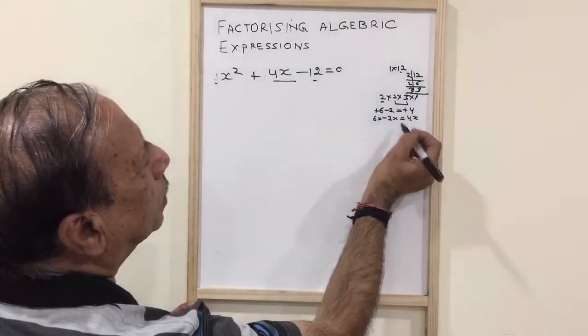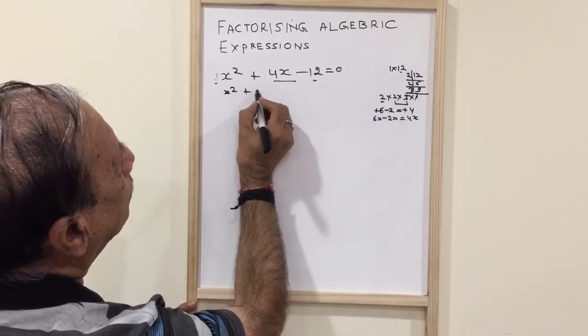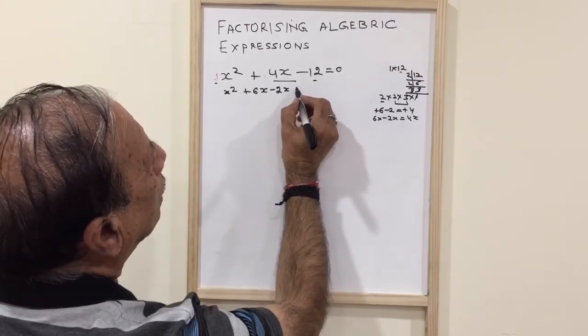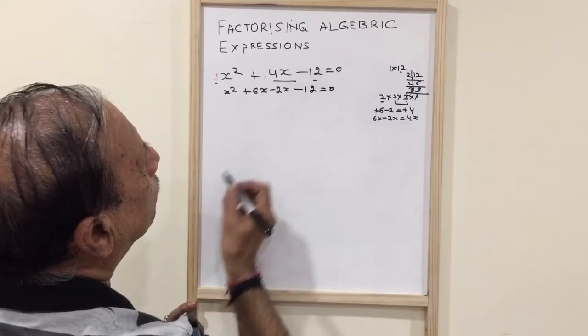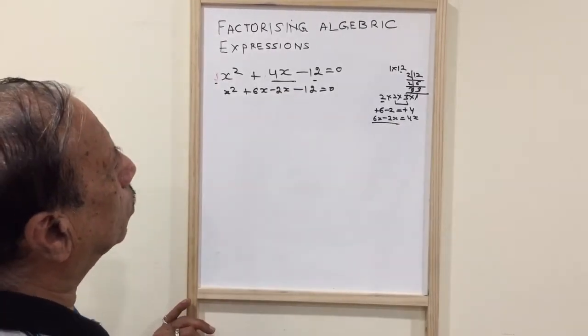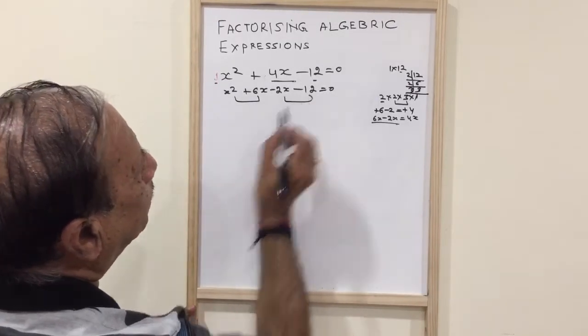So we will substitute the value over here like this: x square plus 6x minus 2x minus 12 is equal to 0. So we substitute 4x with 6x minus 2x. Now from this we'll make two pairs.